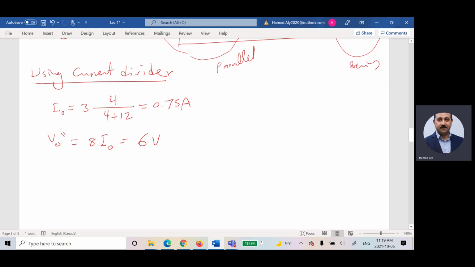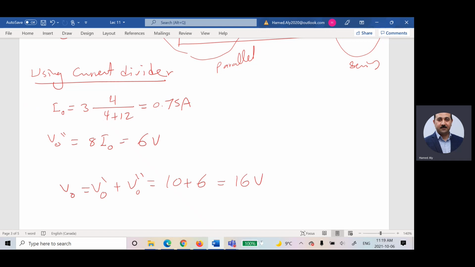Once you calculated VO double prime, you can calculate VO double prime plus VO prime. It is equal to the total VO, which is 10 plus 6. So this will be equal to 16 volts.